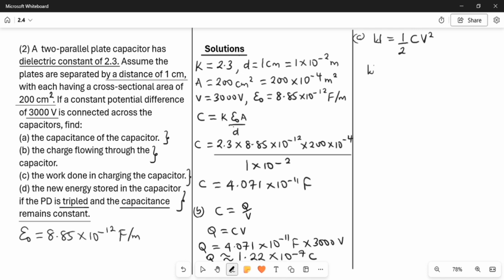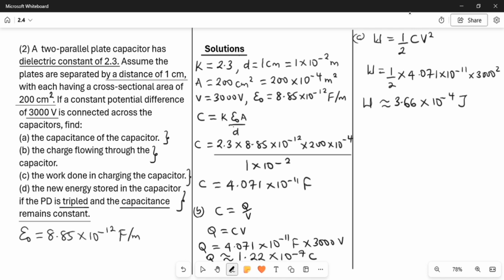So that W is 1 over 2 times C, 4.071 times 10 to the power negative 11 times 3000 squared. This leaves us with approximately 3.66 times 10 to the power negative 4 joules.